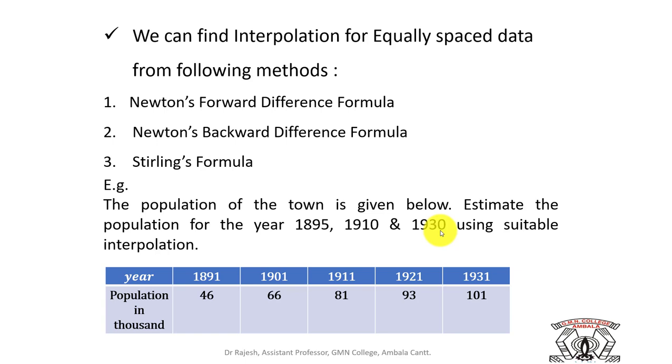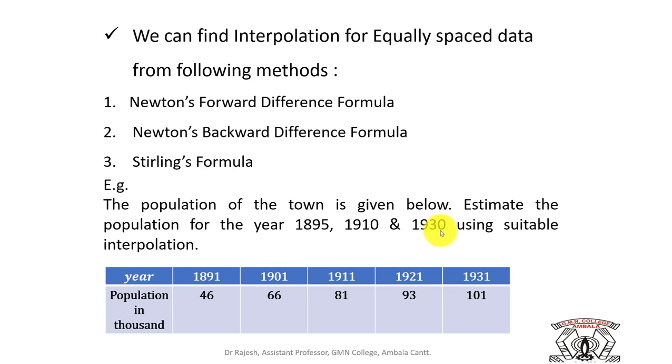So this is all I have for this lecture, and I expect you to go through the ideas that I have discussed today, like the idea of interpolation, and the kinds of interpolation based upon the approximating curve.